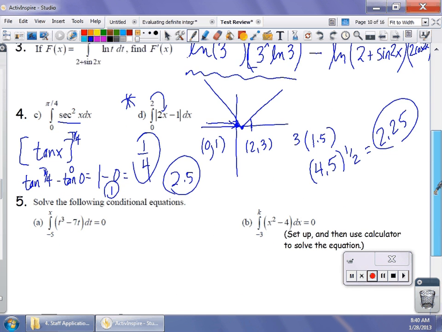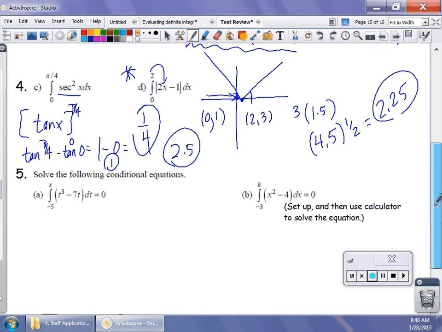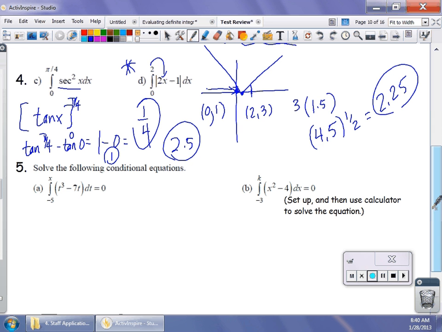Let's see. Solve the following conditional equations. In letter A, I'm finding the antiderivative, and I'm setting it equal to 0 to solve for x. So when I find the antiderivative, I'll get t to the 4th over 4 minus 7t squared over 2, evaluated from -5 to 0, and that's supposed to equal 0.